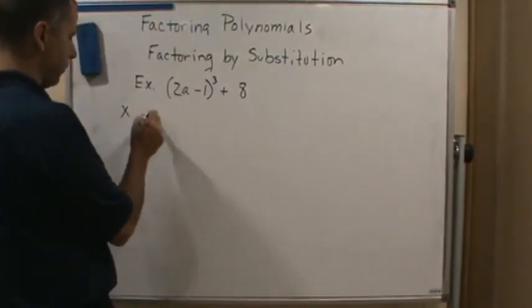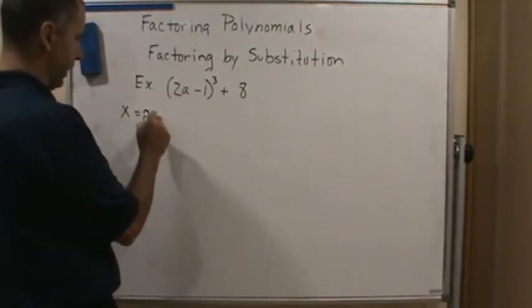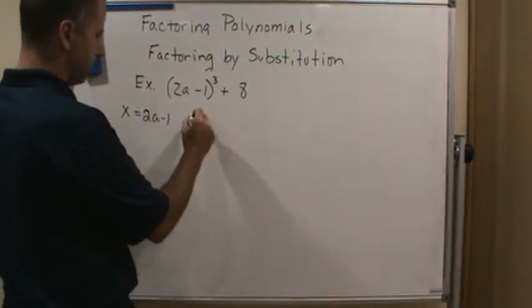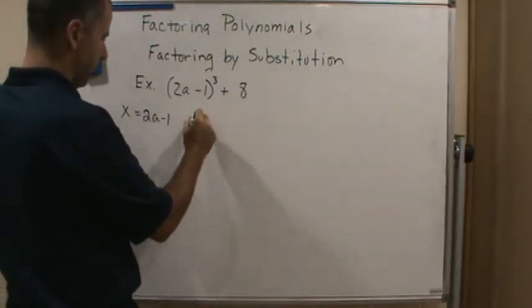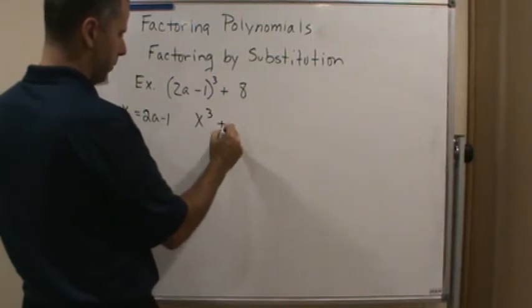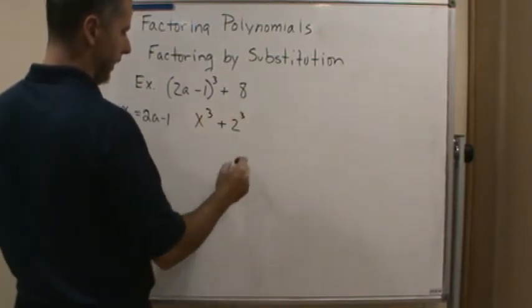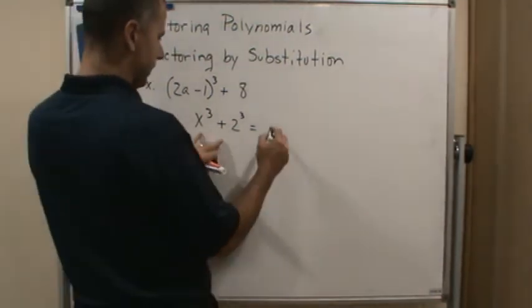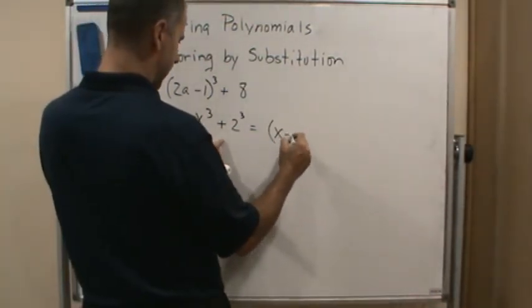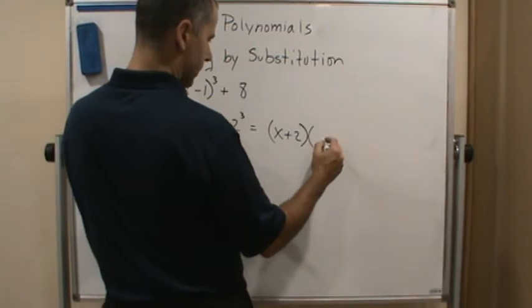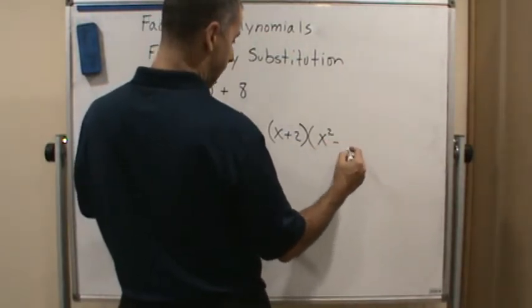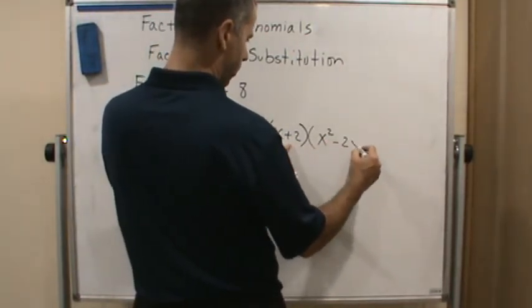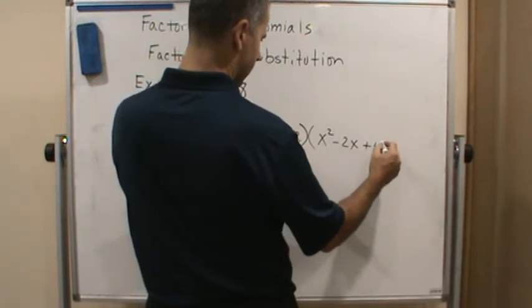Again, substitute in for x. Make x equal 2a minus 1. So now it's going to be x cubed plus 2 cubed. Now, I know my pattern, right? So it's going to be x plus 2 times x squared minus 2x plus 4.